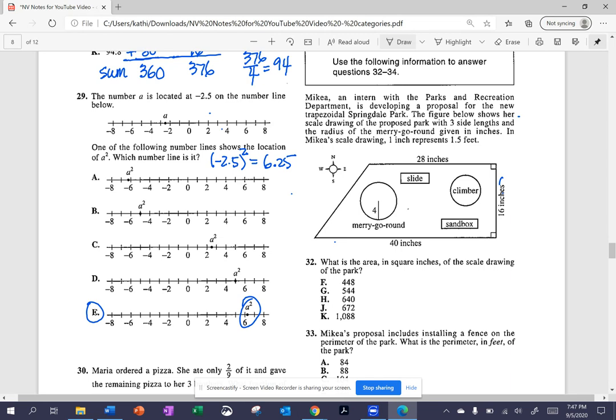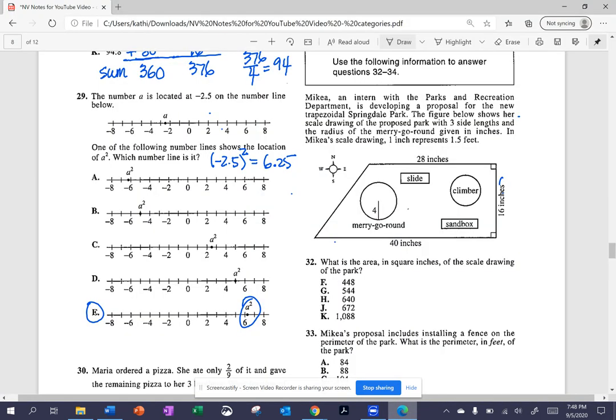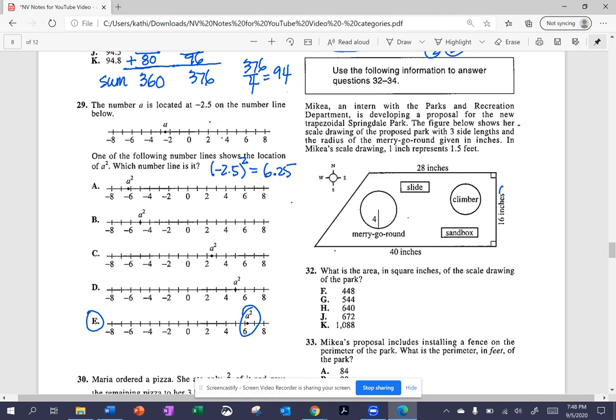The figure below shows her scale drawing of the projected park with 3 side lengths and the radius of the merry-go-round given in inches. In Micaiah's scale drawing, 1 inch represents 1.5 feet. Okay, what is the area in square inches of the scale drawing of the park?